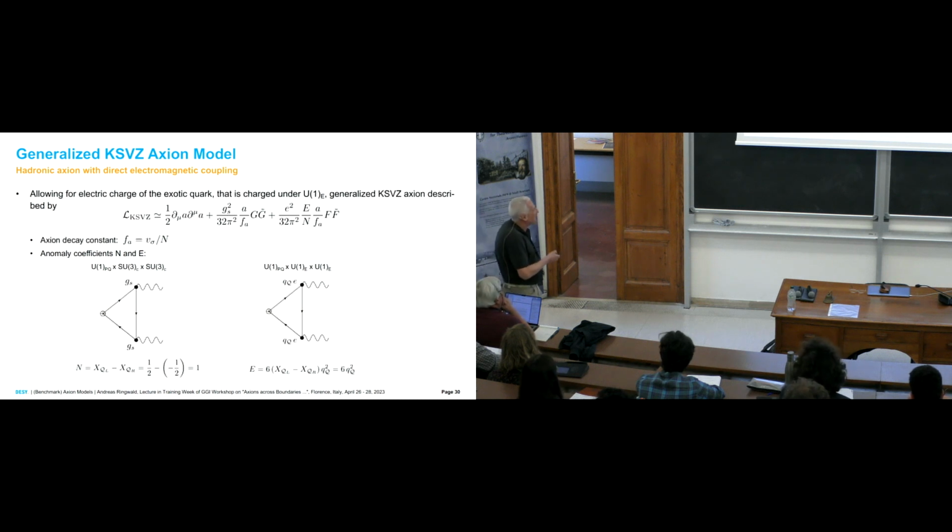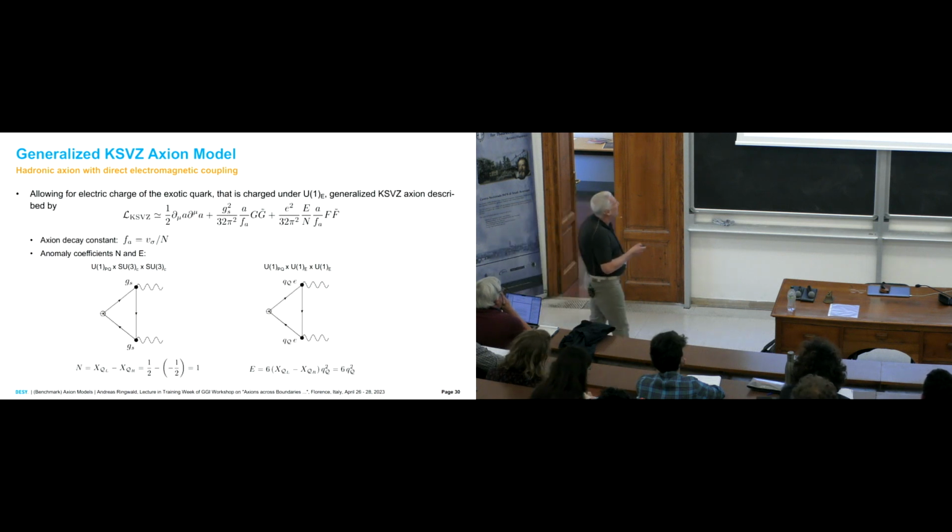So therefore I took this other factor, and here one can also count now. At these vertices I have of course the electric charge of this Q sigma times e. So this E will be proportional to Q squared.